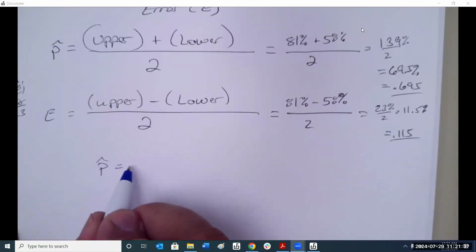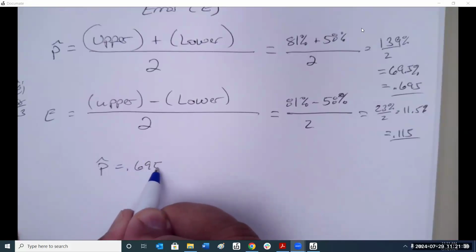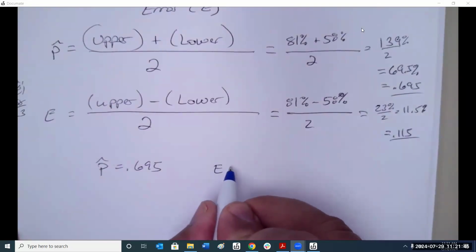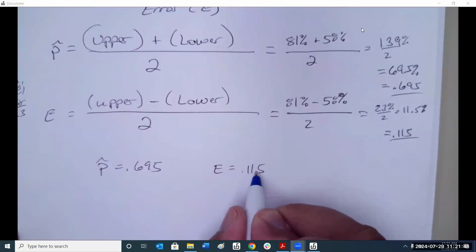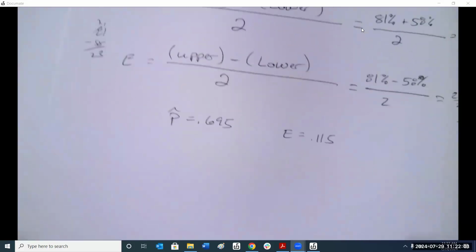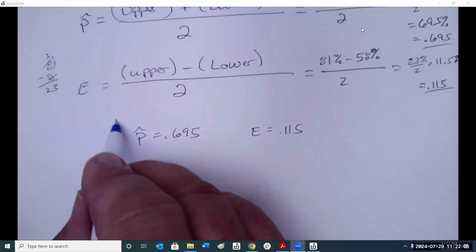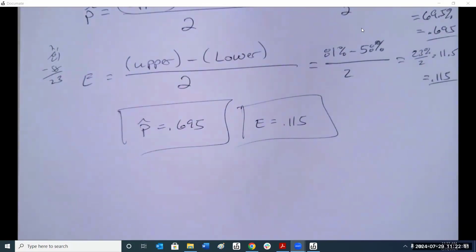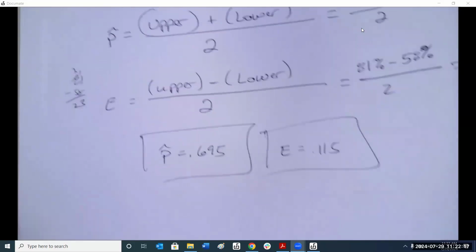So my sample proportion is 0.695, and my margin of error is 0.115. All right, so it's just straightforward in those formulas.